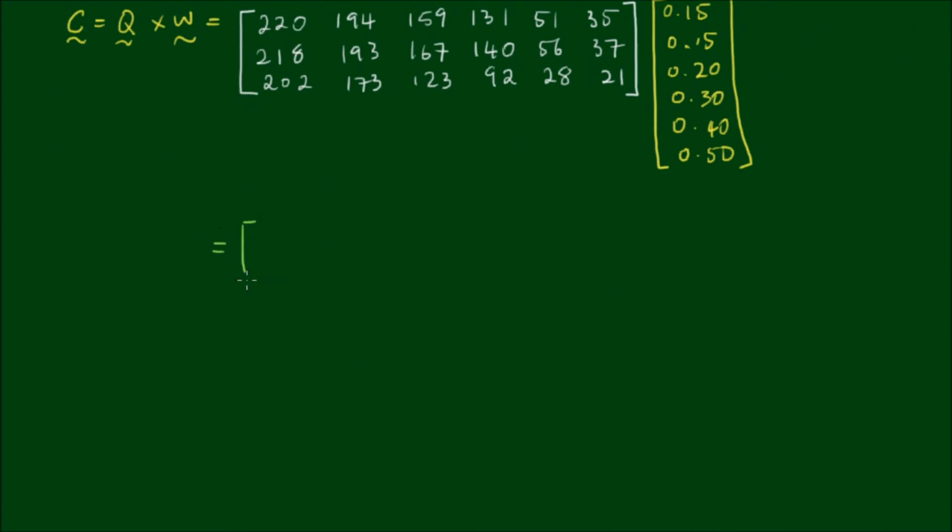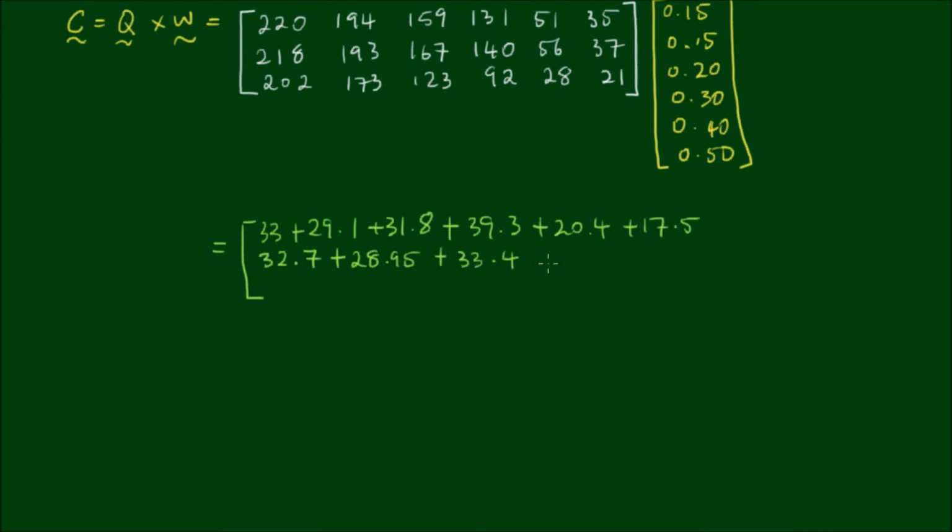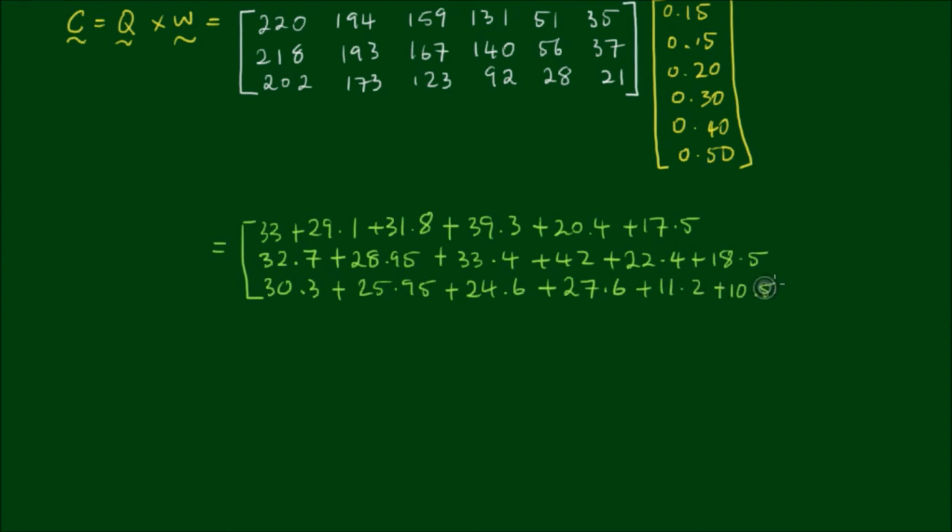And carrying out the operation, if we take the dot product of each row with the column, okay, and all these numbers add up to 171.1, 177.95, and 130.15.